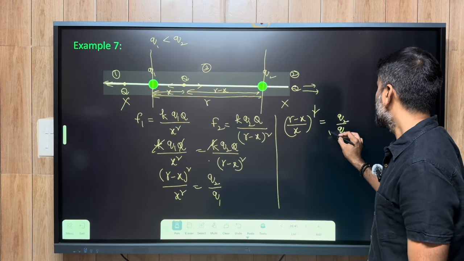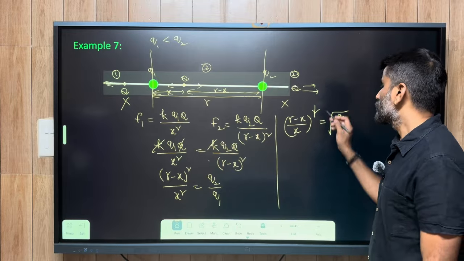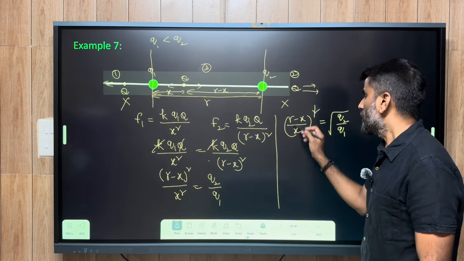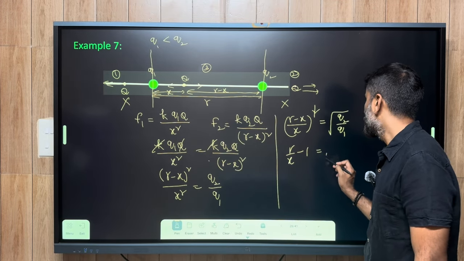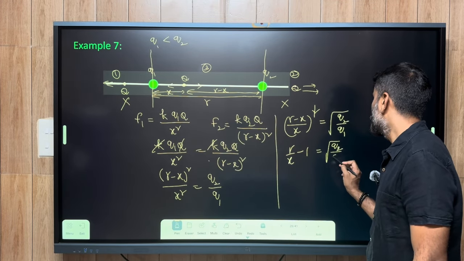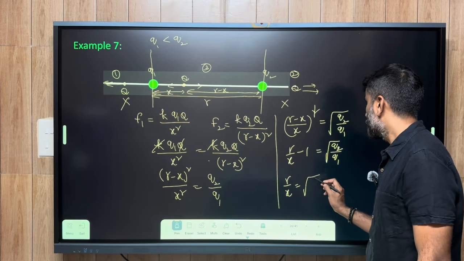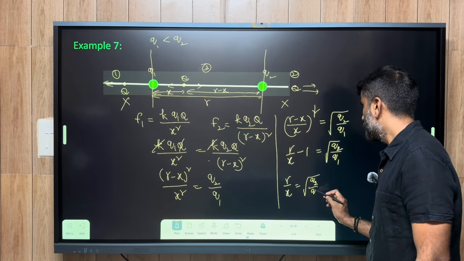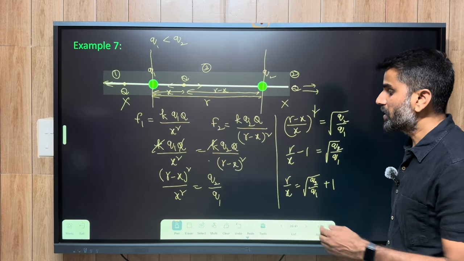If I take out this square, I have to introduce the square root here. If I apply the square root on both sides, square will get cancelled, square root comes here. R minus x by x, I am writing it as r by x minus x by x, which is nothing but 1, is root over q2 by q1. R by x is equal to root over q2 by q1 plus 1.